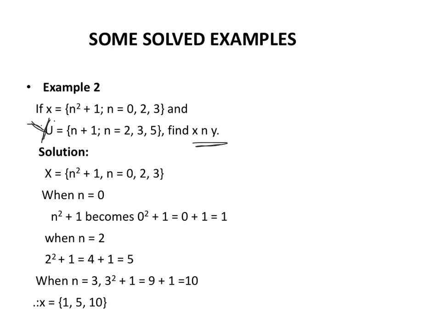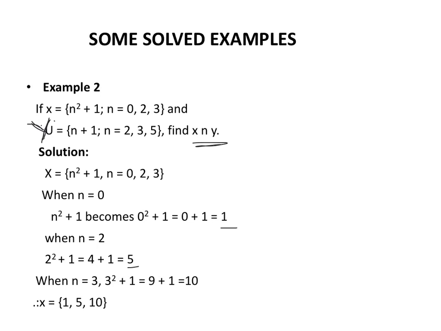Solution. X is equal to n squared plus 1, n equal to 0, 2, 3. So when n is 0, you substitute 0 squared plus 1, you have 0 plus 1, which is equal to 1. When n is 2, you have 2 squared plus 1, which gives you 4 plus 1, you have 5.